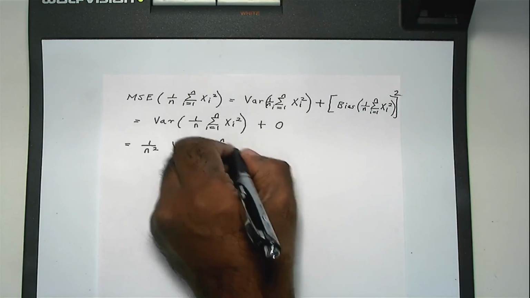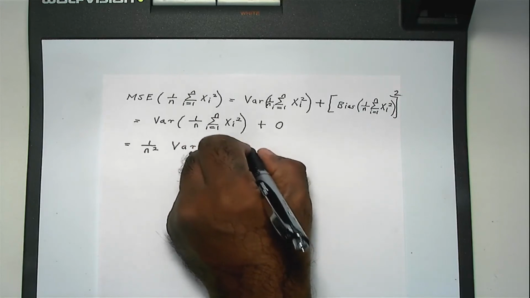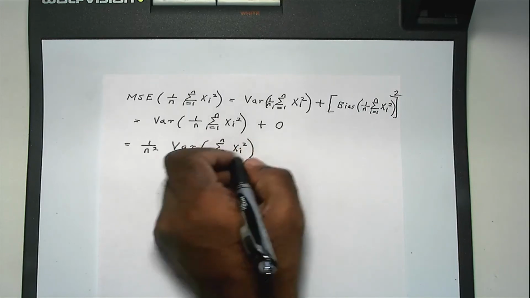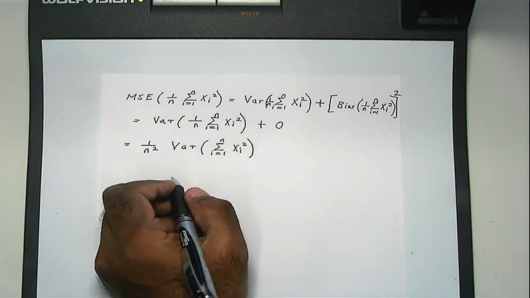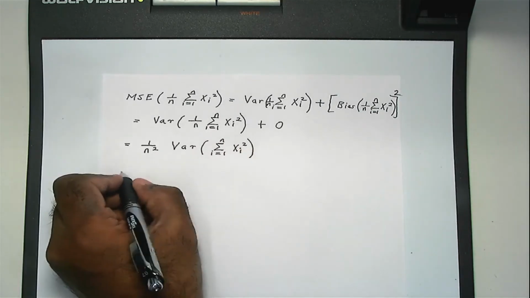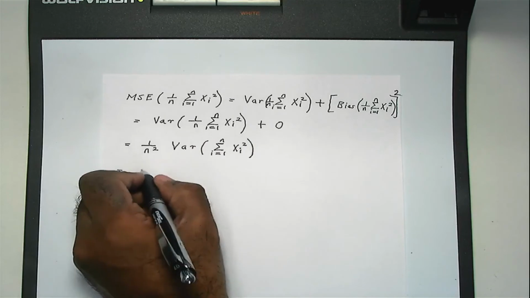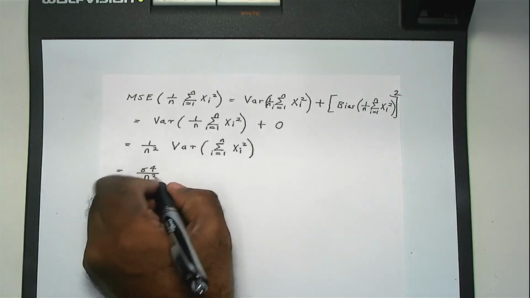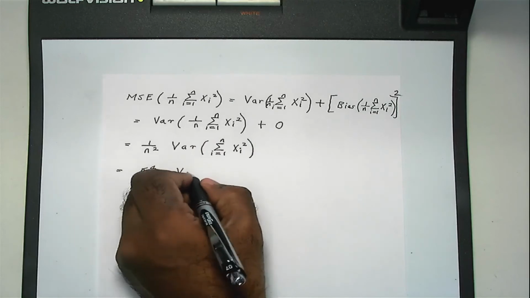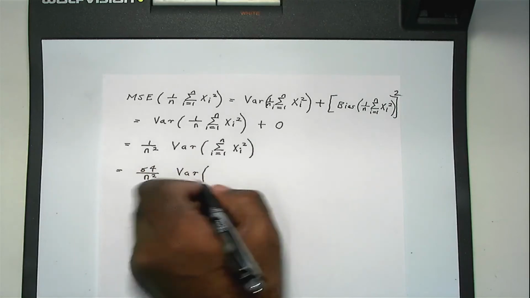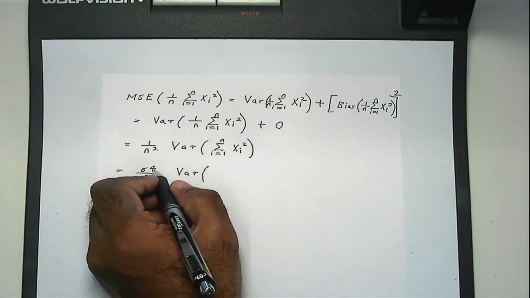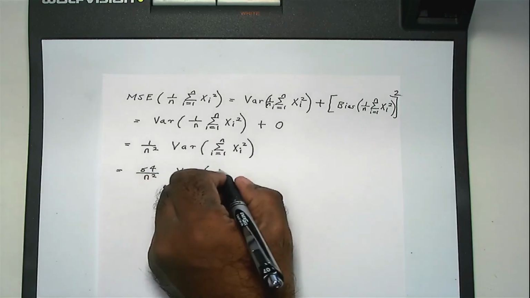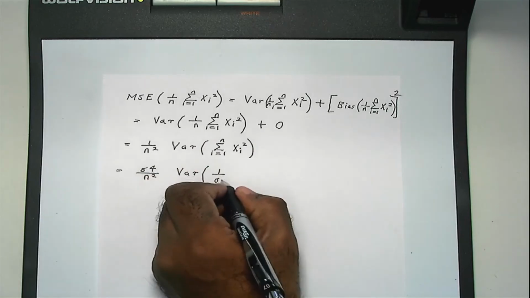so it becomes 1 over n squared times the variance of the sum of xi squared. Right. Now I'm going to multiply this by sigma to the power 4. So I need to reciprocate. To reciprocate sigma to the power 4, I need to divide by sigma squared.